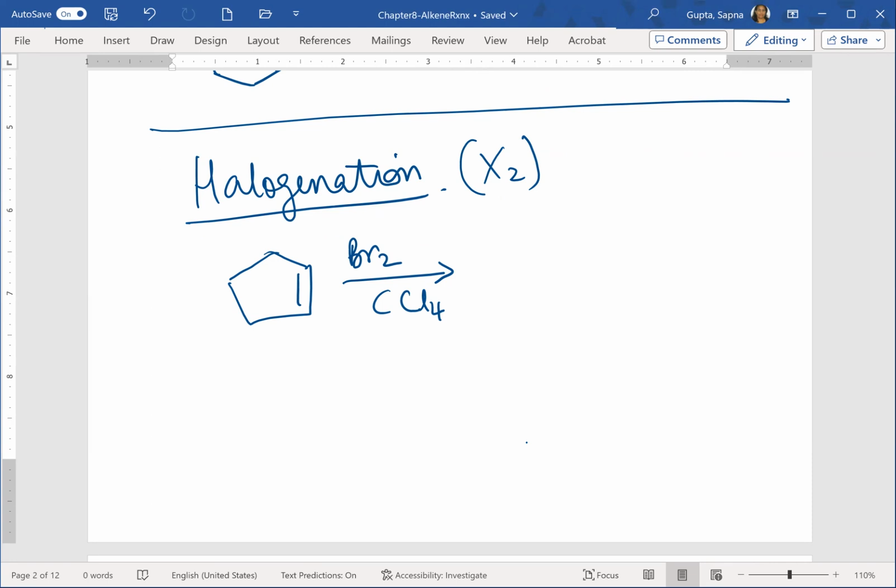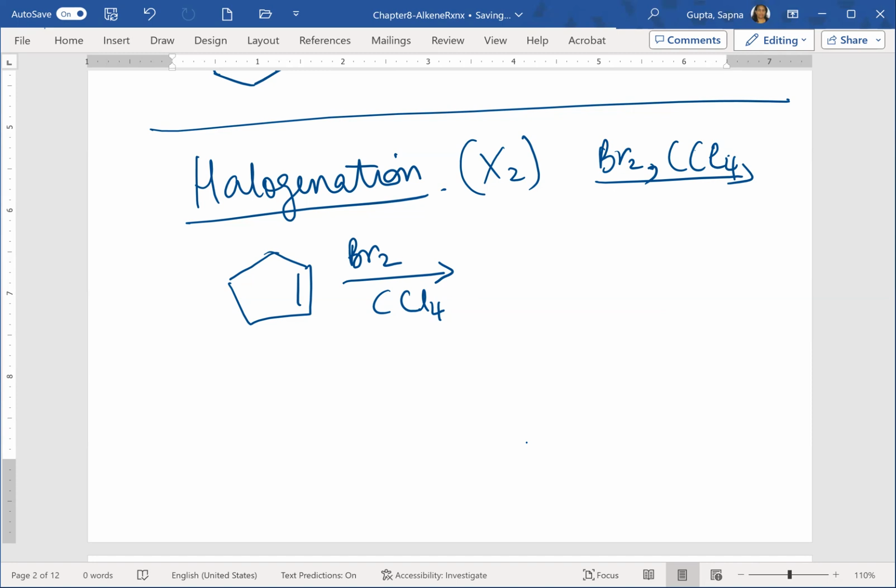So what we do is we write the reagent on the top of the arrow, and I write the solvent at the bottom of the arrow. But you can write it like this also, comma, CCl4. And you just have to know that CCl4 is the solvent.